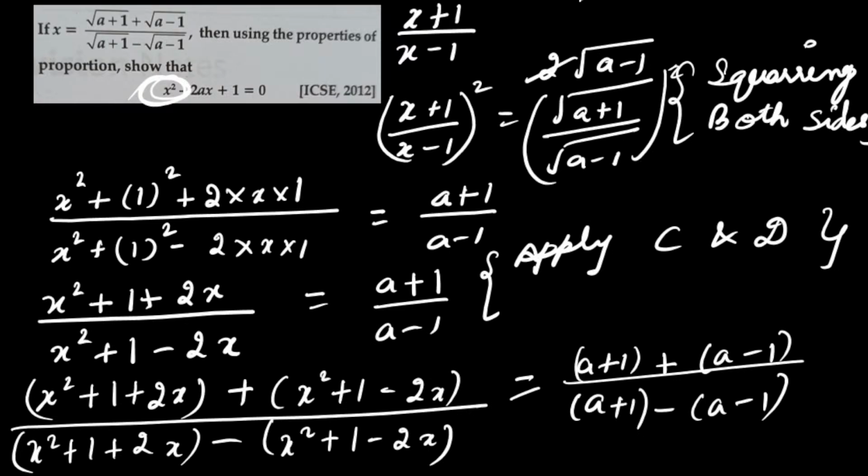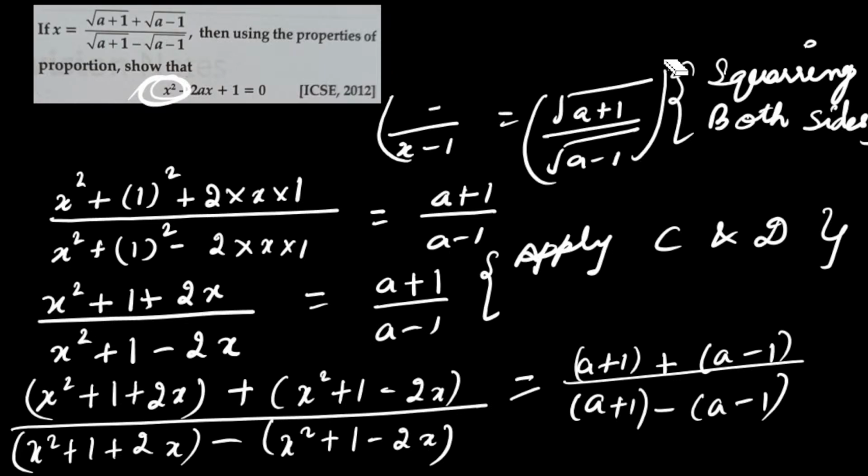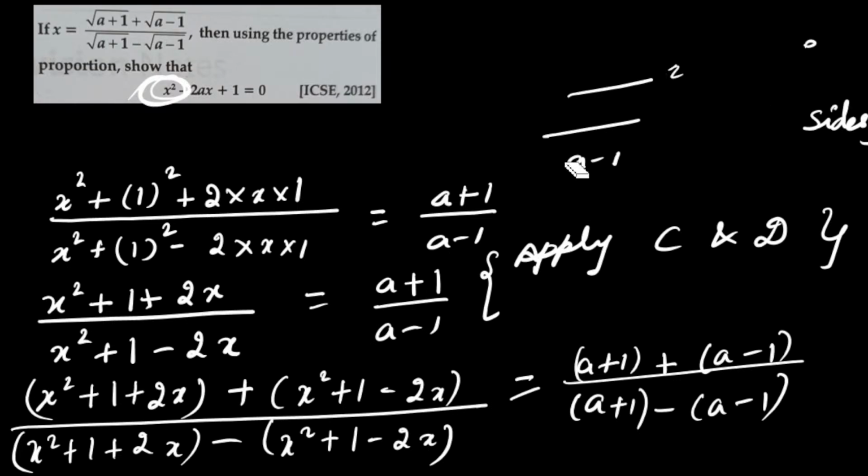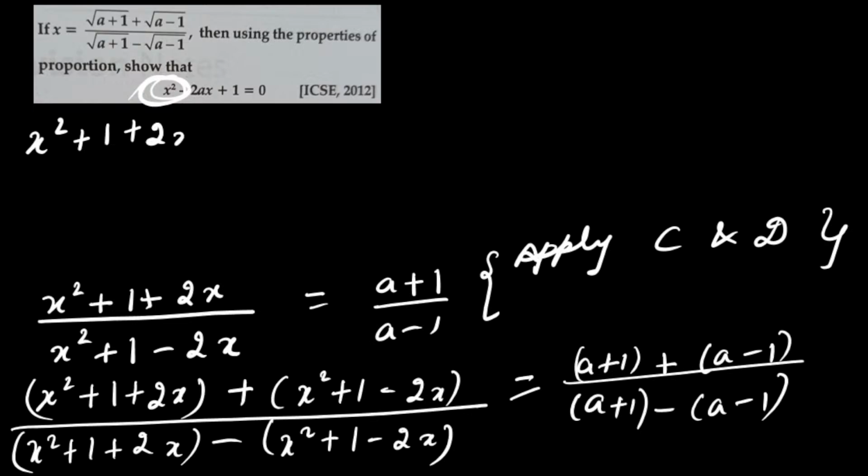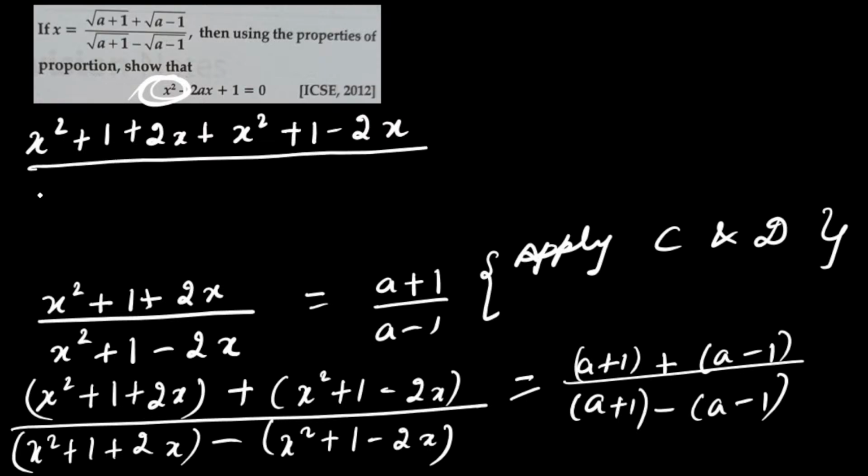Now this part I am just going to clear. So what we will get? Let's open the brackets now. So it will be x square plus 1 plus 2x plus x square plus 1 minus 2x by x square plus 1 plus 2x minus x square minus 1.